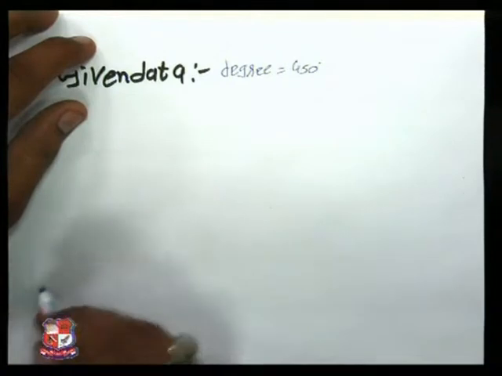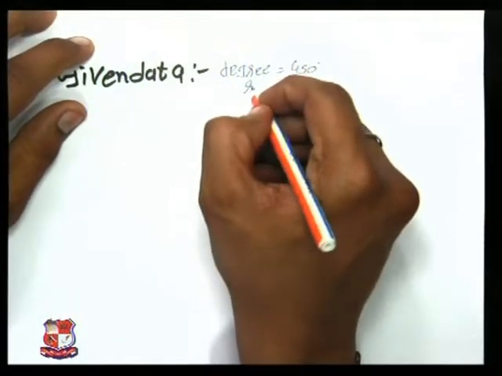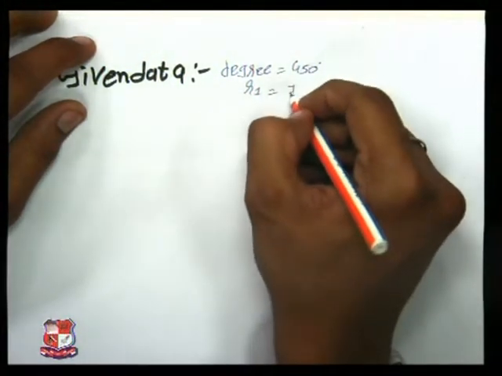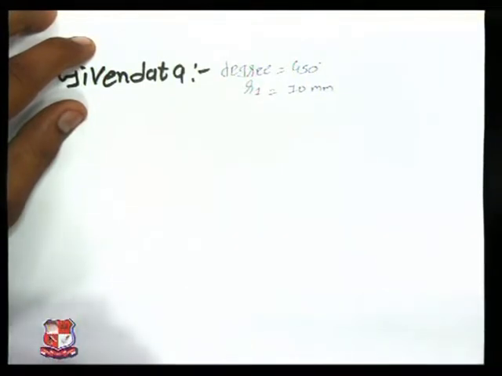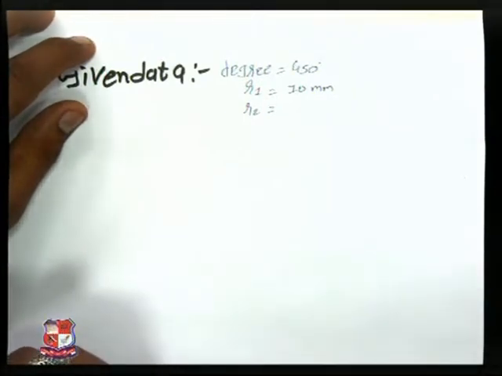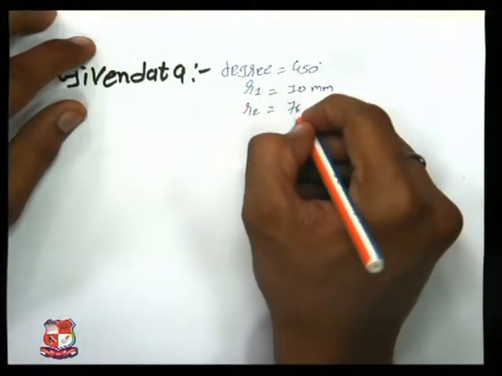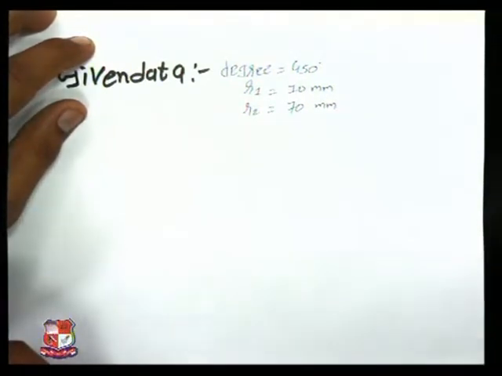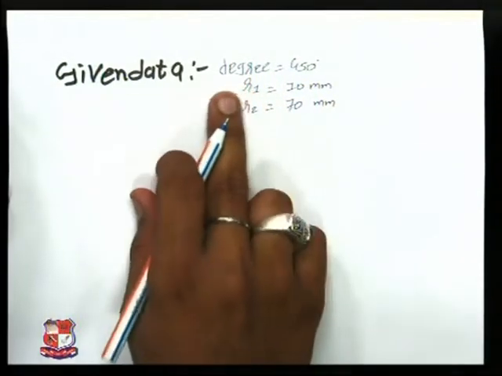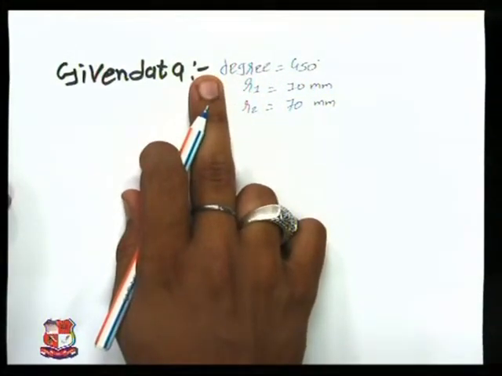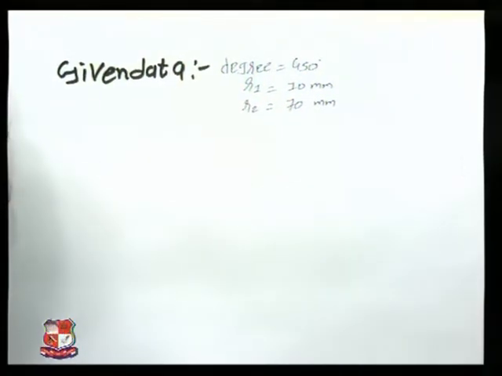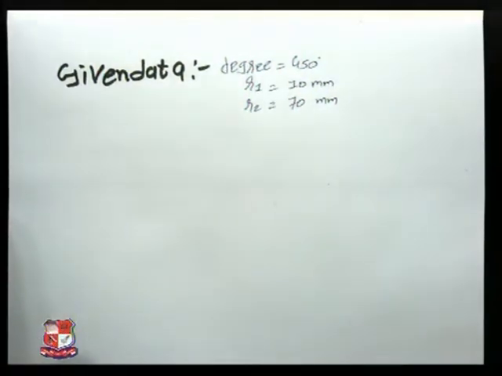For 450 degrees, R1 means smaller radius, that would be 10 mm. R2, that is larger radius, that is 70 mm. Now we have got the data. We need to draw Archimedean spiral for 450 degrees. Its smaller radius would be 10 mm and largest radius would be 70 mm. Now how can we proceed further?